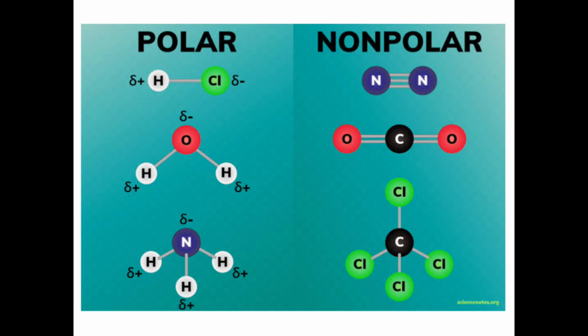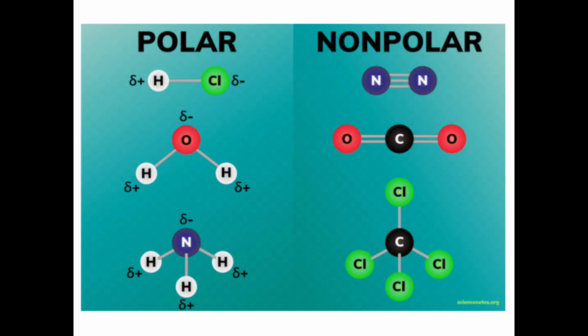In terms of polarity, we could have polar substances and non-polar substances. When we say polar, that means it has two poles, the positive and the negative, where you have partial charges.